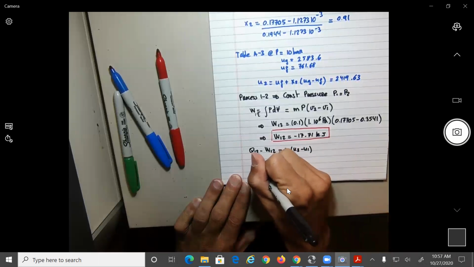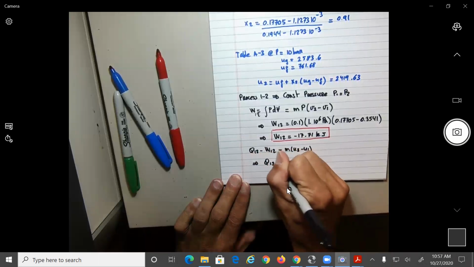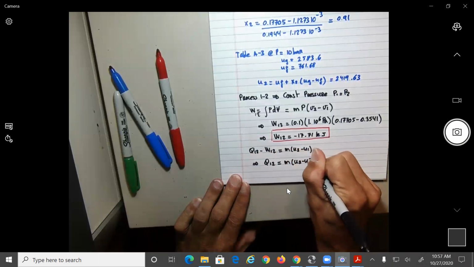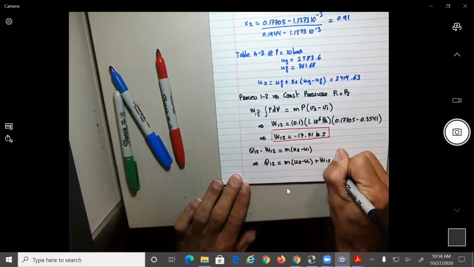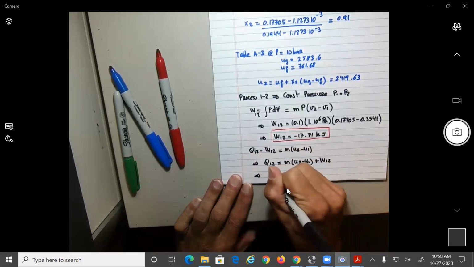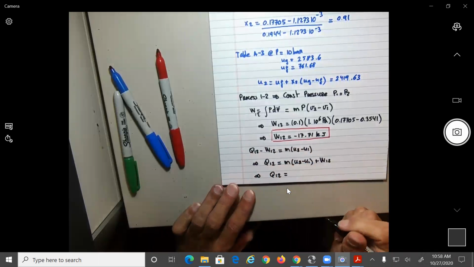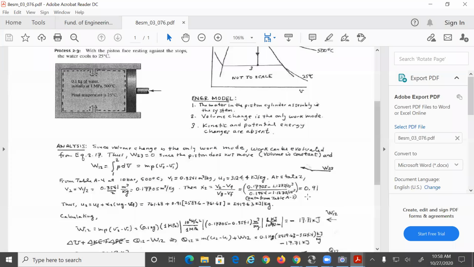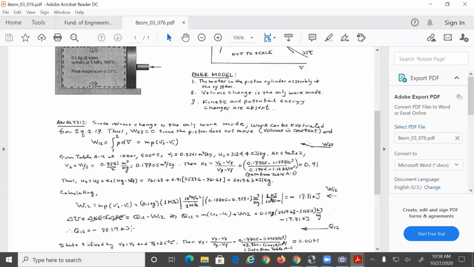So you can write here that Q12 will be equal to M U2 minus U1 plus work 12. And if we substitute for the values, which I'm going to cheat and look at, this should give you minus 88.19 kilojoules.